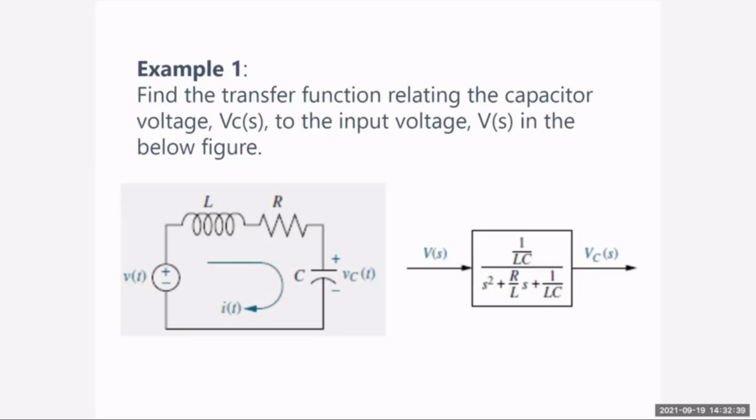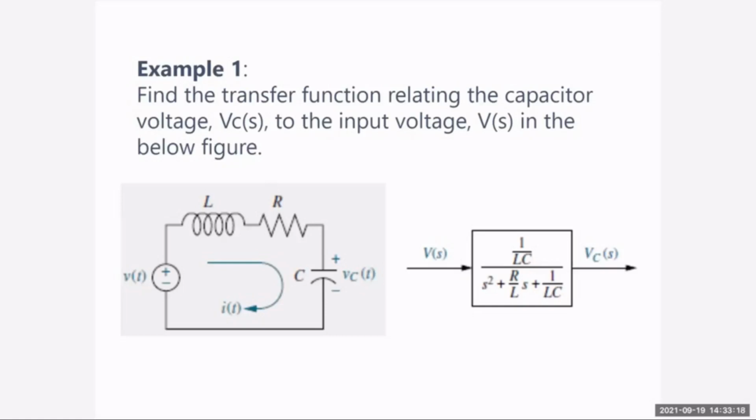Next is R i(t). We convert i(t) into dq(t)/dt, so we will have R multiplied by dq(t)/dt. Then lastly, we convert the integral of i(tau), which gives 1 over C multiplied by q(t). Now that we have q(t), it is still equated to V(t).